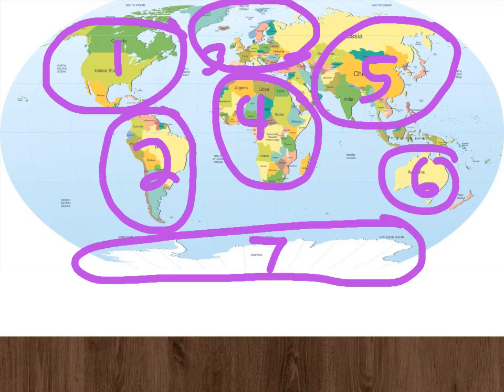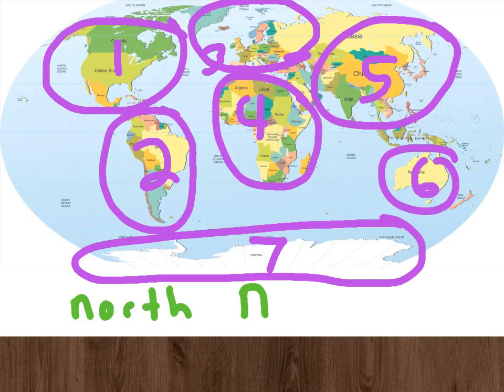I want to go back though and tell you something specific about the continents that's kind of interesting. Each continent, the letter that it starts with, it also ends with. So what I mean is you have, I'll say North.